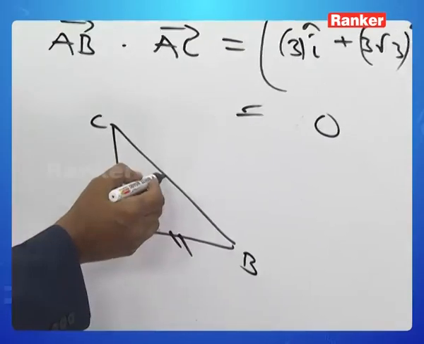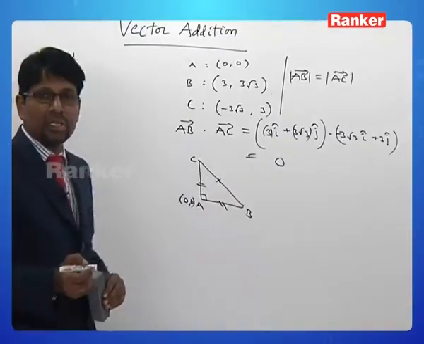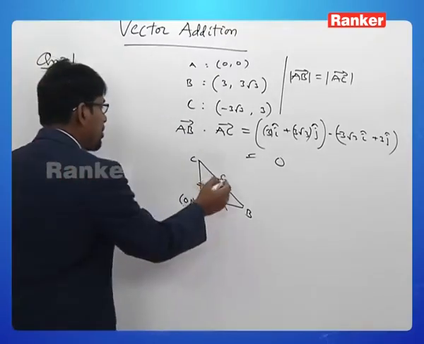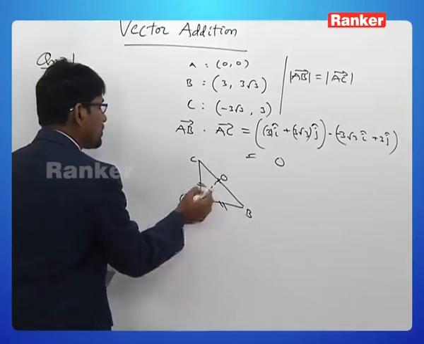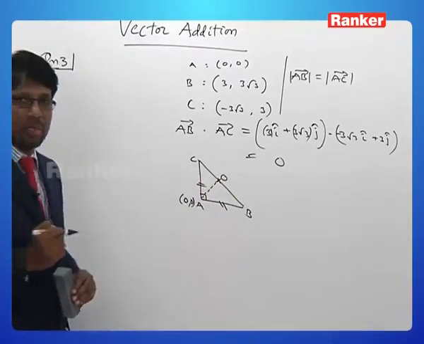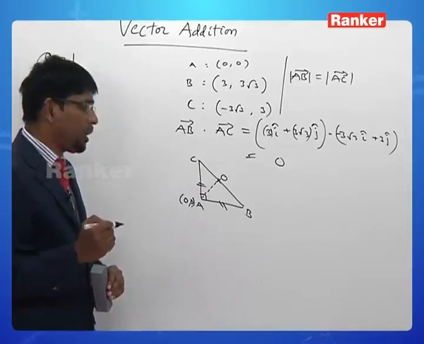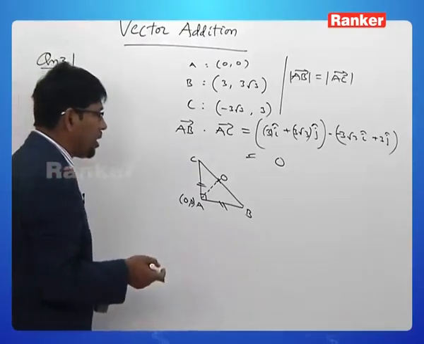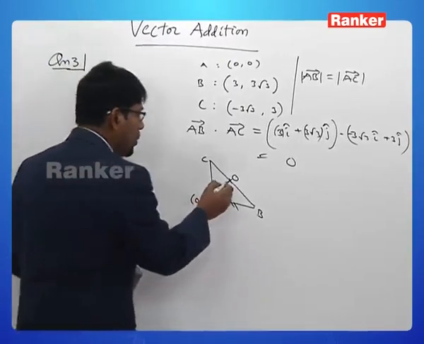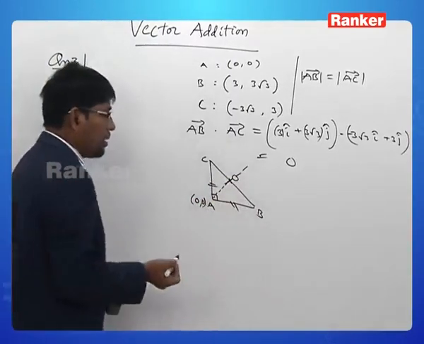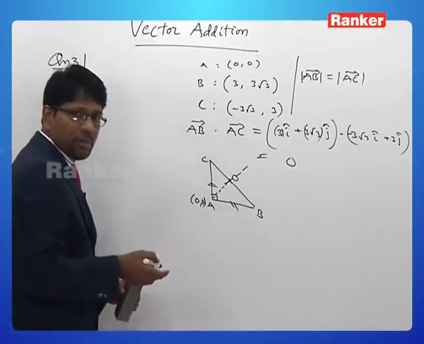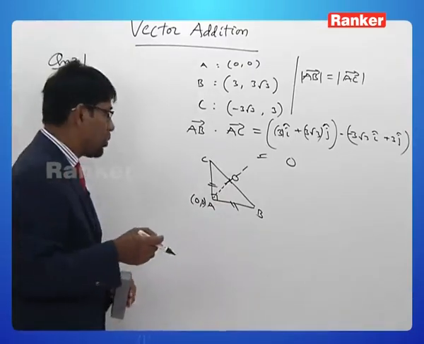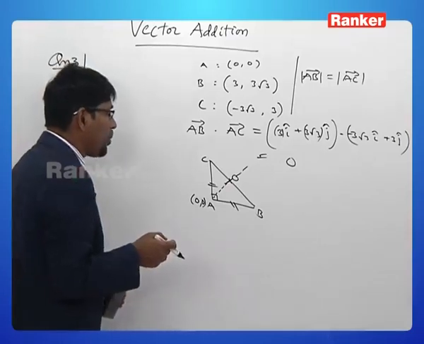In a right angled triangle, we know that the circumcenter is given by the midpoint of the hypotenuse. So O has to be this. Circumcenter is the midpoint of the hypotenuse in a right angled triangle. So clearly what you want is a vector along AO, where O is the midpoint of it, and which will be of magnitude 2 root 2 units. So how do I write the vector?